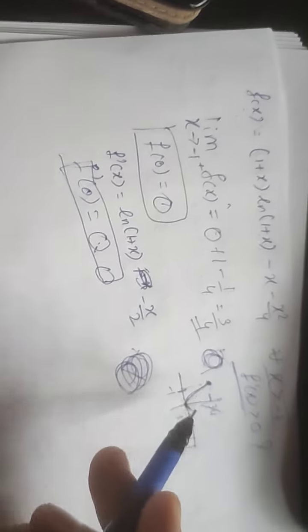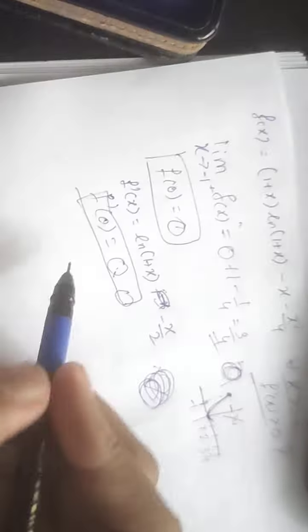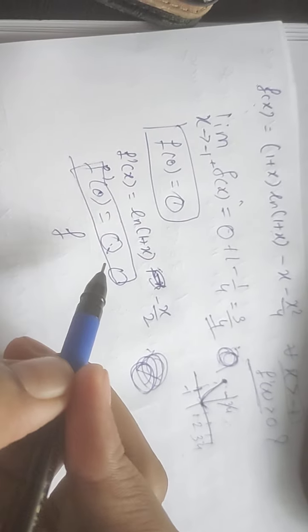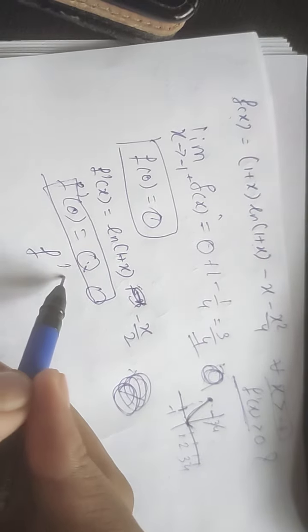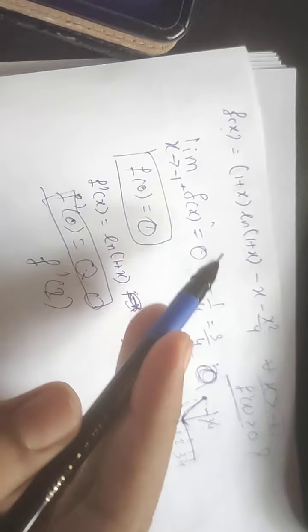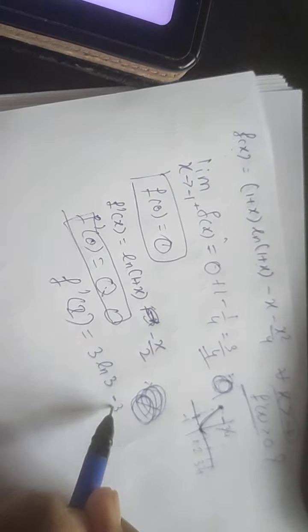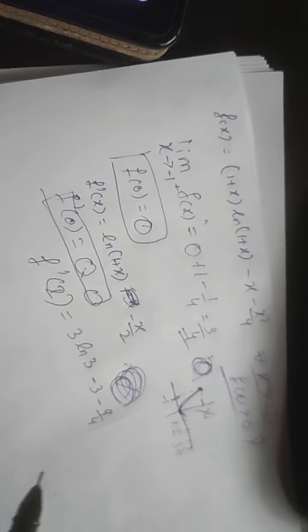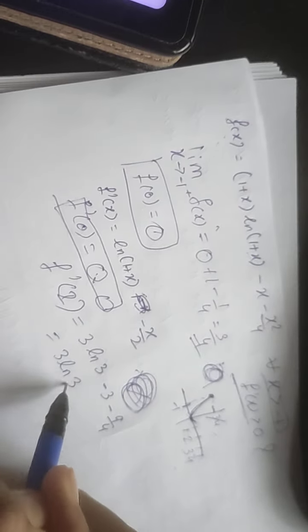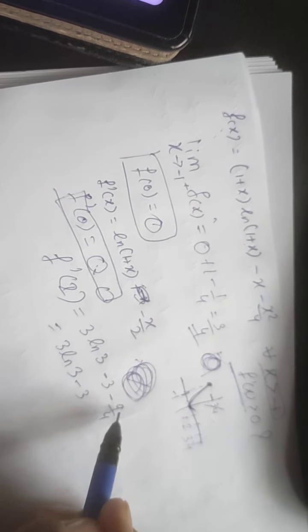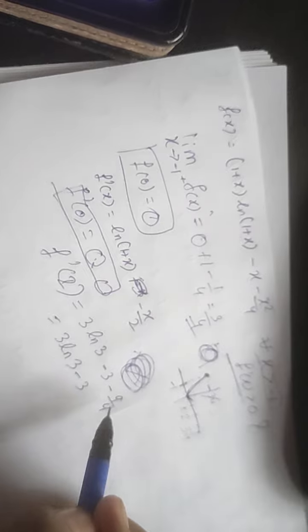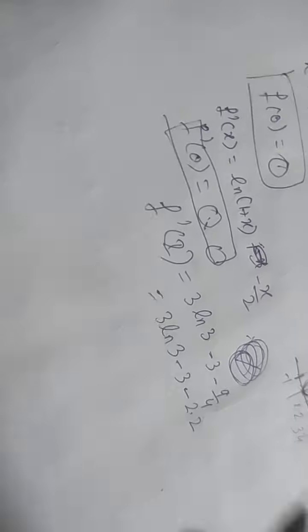Now that alpha we have to find, so just put every integer in f dash x and see when we will get a sign change. Now it is positive, you know, so put 2, we get 2 plus 1, which is 3, ln 3 minus 3 minus 9/4, which is 3 ln 3 minus 3 minus 9/4. Now this would be something around 2.2, right?